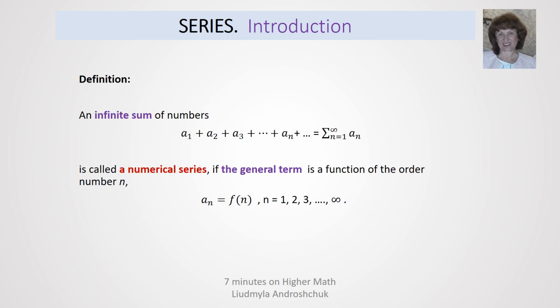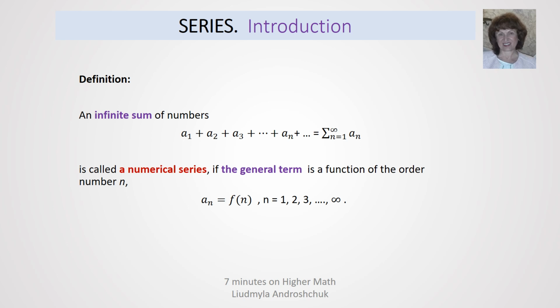And we can now make a definition. To get a series, we need two conditions. First, it must be an infinite sum, and the second, the existence of a general term. The general term is a function of n, this mathematical formula.